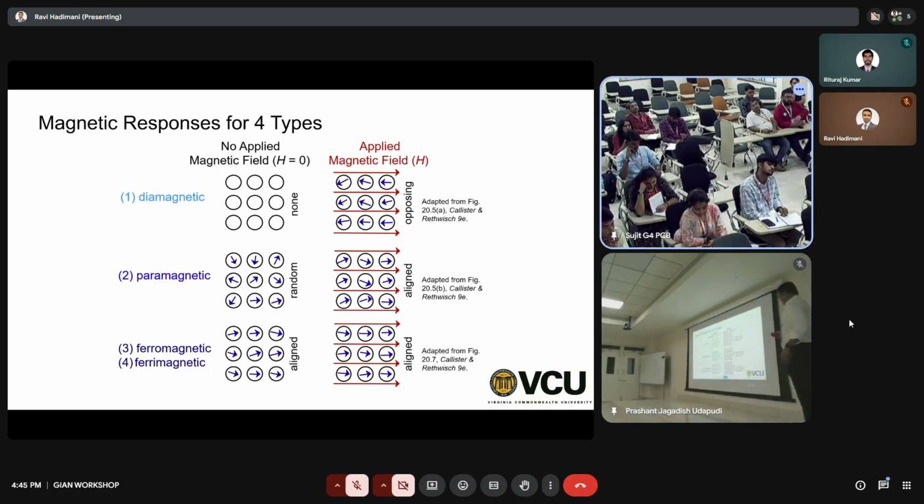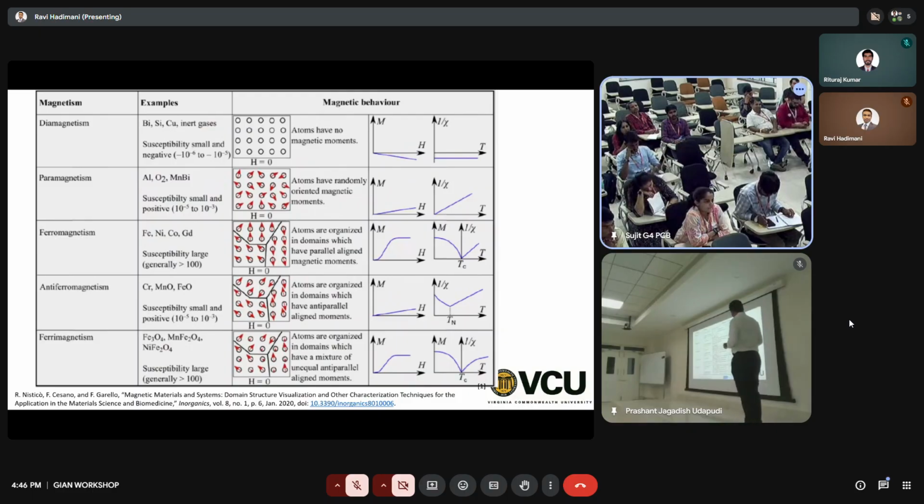This is all to do with electron spin. We completely ignore orbital motion because it's very small. Now if you look at different types of materials, these are the examples. Here is M, not B. You see negative magnetization for diamagnetic materials, and for paramagnets you have a small one. For a ferromagnet you have a very high sudden jump, and then it saturates.